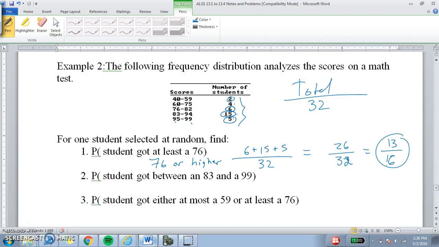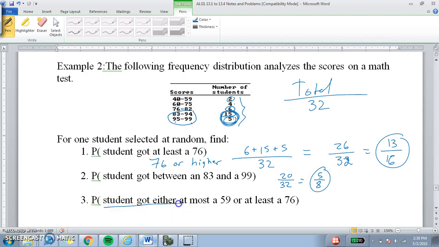All right, and number 2, probability that the student got between an 83 and a 99. Well, all of these students got between an 83 and a 99, so we add 15 plus 5, which is 20 out of those 32 students, and when we reduce that, it gives us 5 out of 8. So the probability would be 5 out of 8.